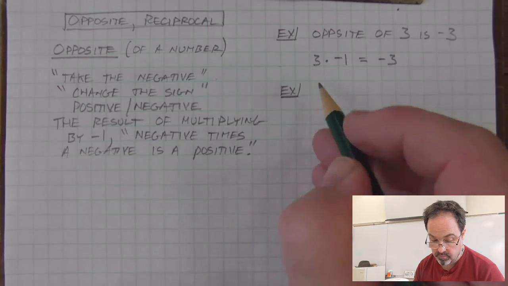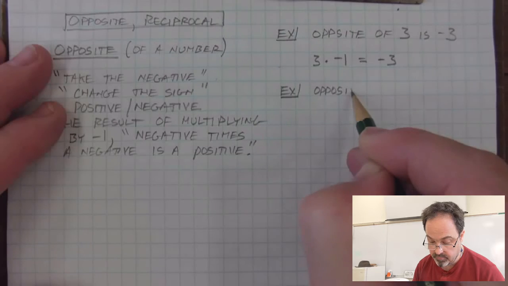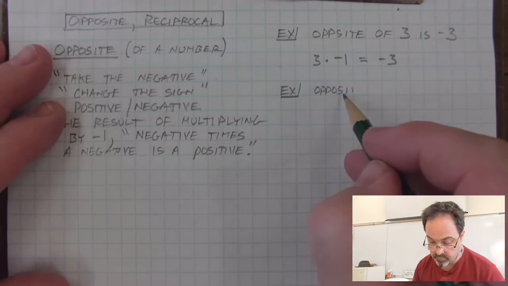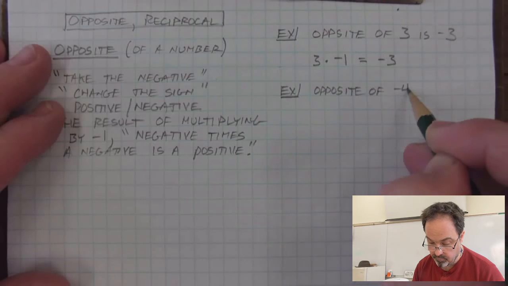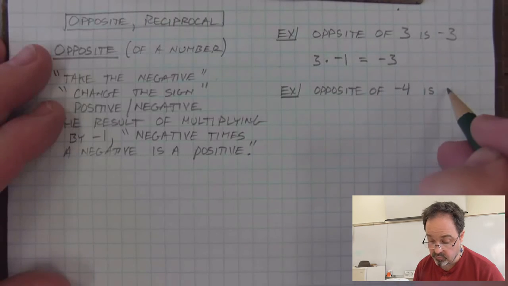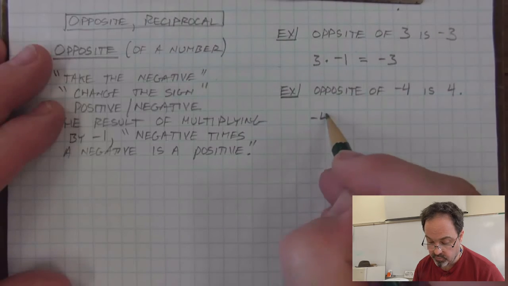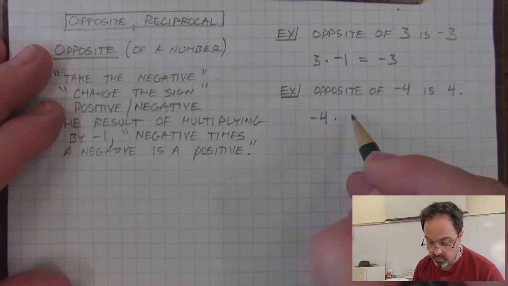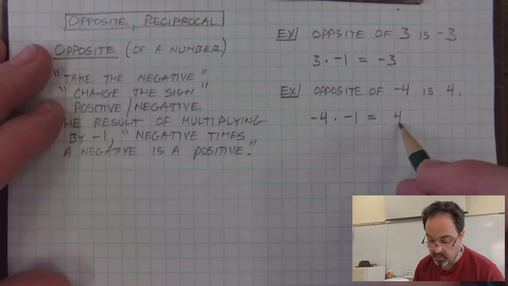Another example. The opposite of -4 is, change the sign, +4. But what we've done mathematically is we took the number -4 and multiplied by -1, and the result was positive.